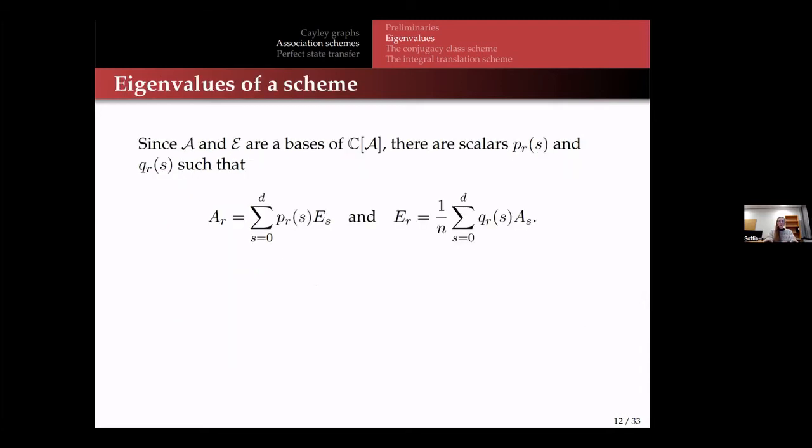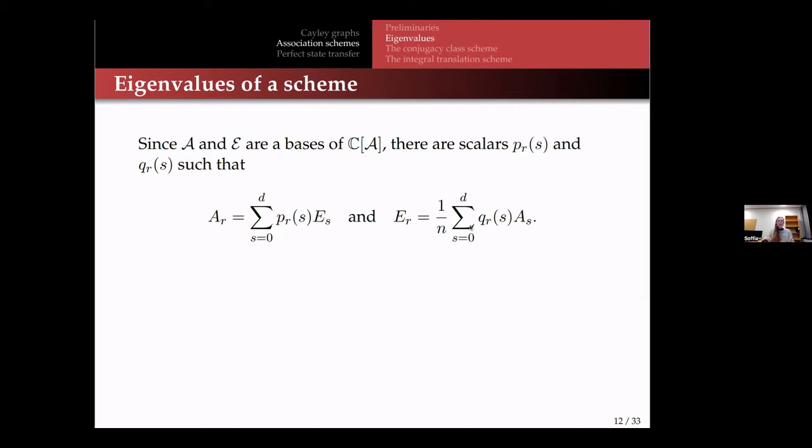So now we have two bases of a vector space, which means that we can write any element of this vector space as a linear combination of the elements in the bases. So in particular, we take a matrix AR, and we can write it as a linear combination of the ERs because they form a basis. I'm going to do that in this way, and we get these scalars here, which are the coefficients of this linear combination.